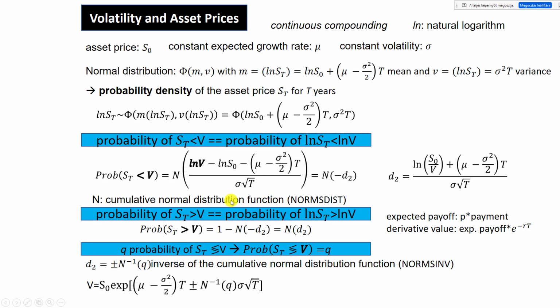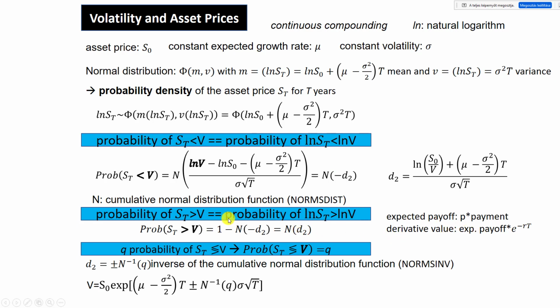Then we can also have the opposite position when we are over the threshold, not under the threshold like it happened here. The same thing happens, just in this case the D2 is not negative anymore, it's positive.